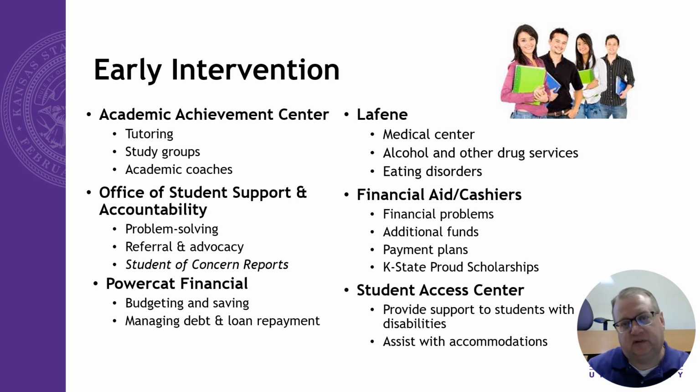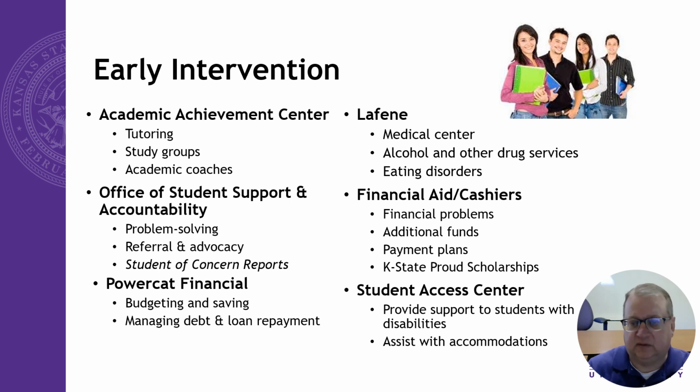Student concern reports address behaviors that are starting to appear that we're concerned about, so we do an outreach. We have case managers who help students along their path, and it's really beneficial. If they're having financial issues, there's PowerCat Financial.